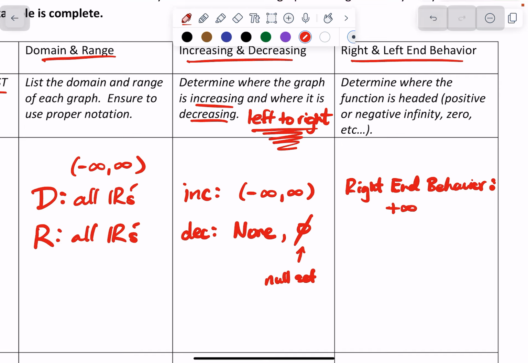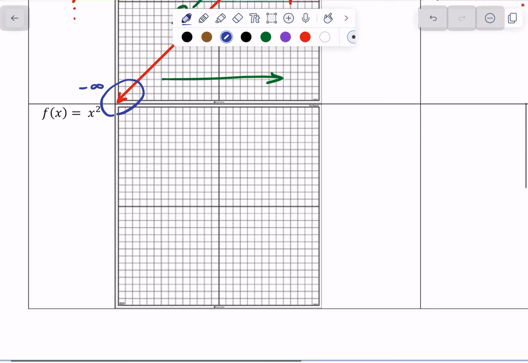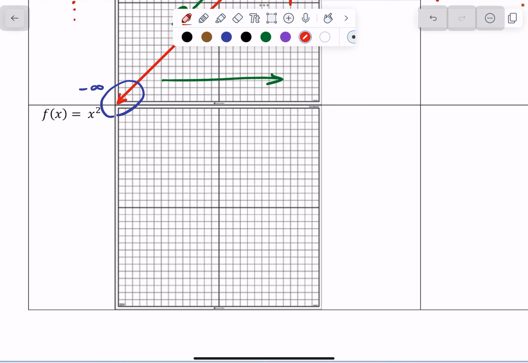As we move to the right, the function is going to positive infinity. As we move to the left, the function goes to negative infinity, right? So this is that negative infinity end behavior over here, and then this is that positive infinity end behavior there, right? All right, cool. Moving on.